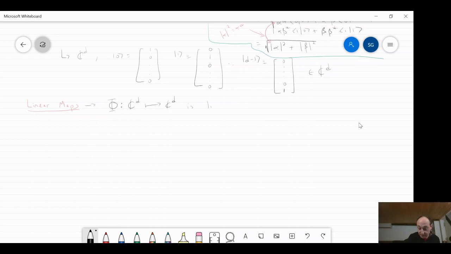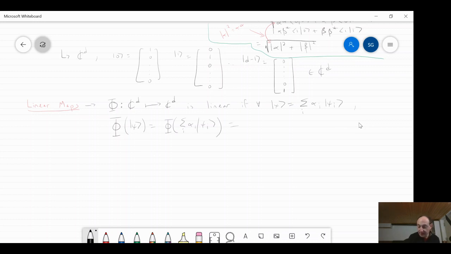We're going to say that this map is linear if, for any vector psi written as a sum of terms, psi equals the sum over i of alpha i psi i, with some complex coefficients and some vectors, then applying the map to the sum of vectors is equal to the sum over i of alpha i times phi of psi i.